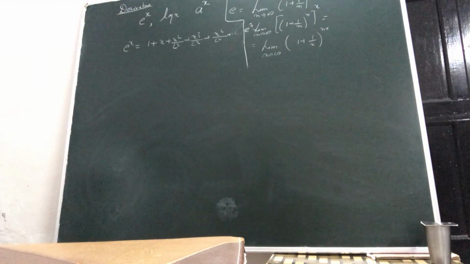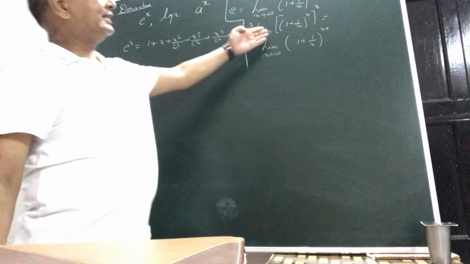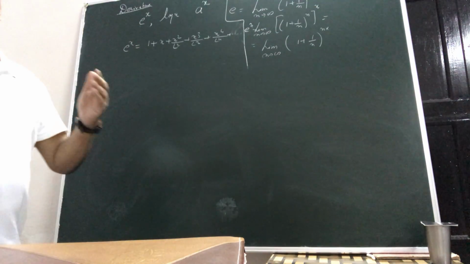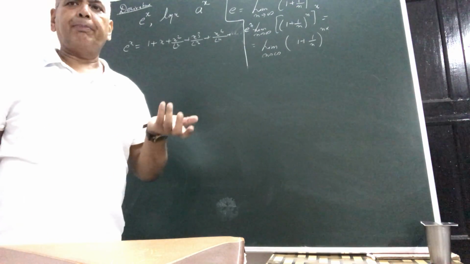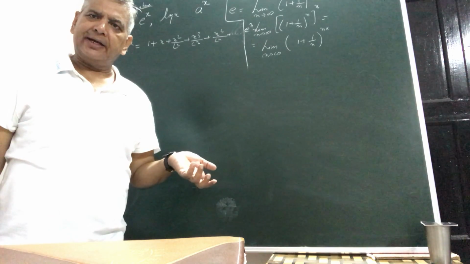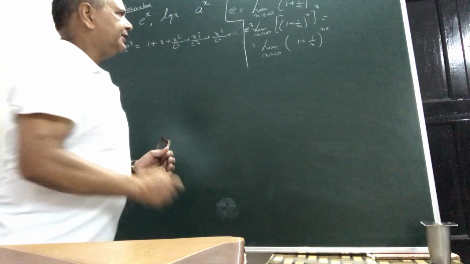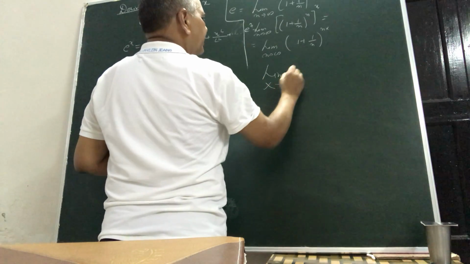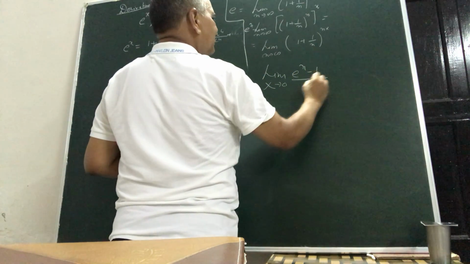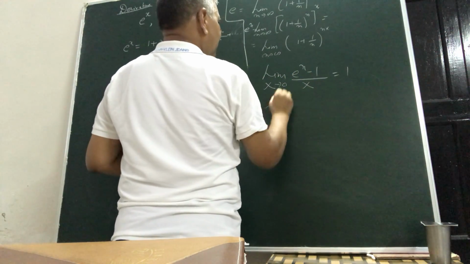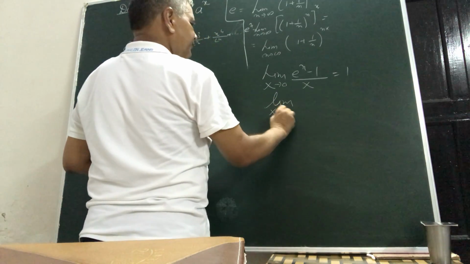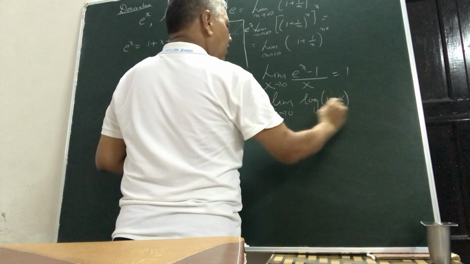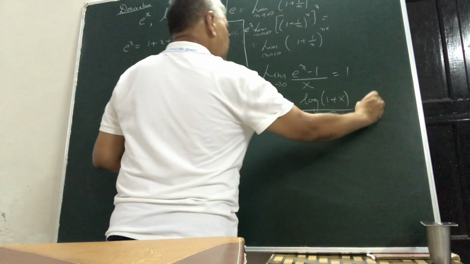Once we accept all these things, the limit of log(1 plus x) upon x when x tends to 0 is 1, and the limit of e raised to power x minus 1 upon x, this is 1. Likewise limit x tends to 0 of log(1 plus x) upon x is also 1.